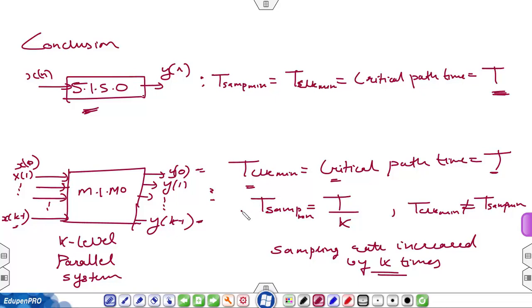What will change is the sampling time. The sampling time is T by k, so we are receiving k more samples as compared to this. The sampling time is reduced by k and the sampling rate is increased by k times. We are receiving k samples in the same amount of time, and it is important that T clock minimum for this multiple input multiple output system is not equal to T sampling time, whereas in this case the minimum sampling time and minimum clock time are equal.